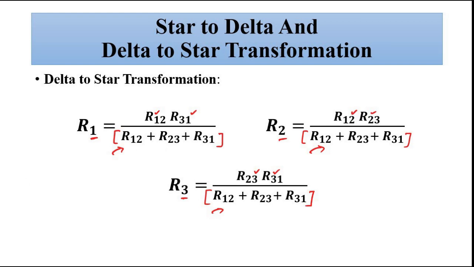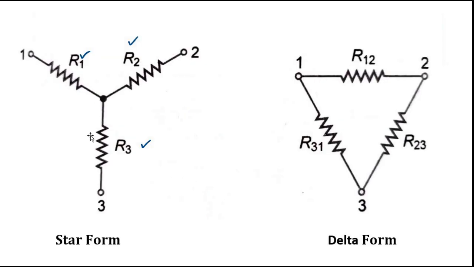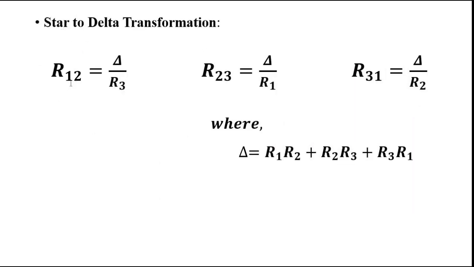Again, suppose we are given this star form and we want to get its equivalent delta form. Then the formula is this, the star to delta transformation. Here this delta value is equal to R1 R2 plus R2 R3 plus R3 R1.